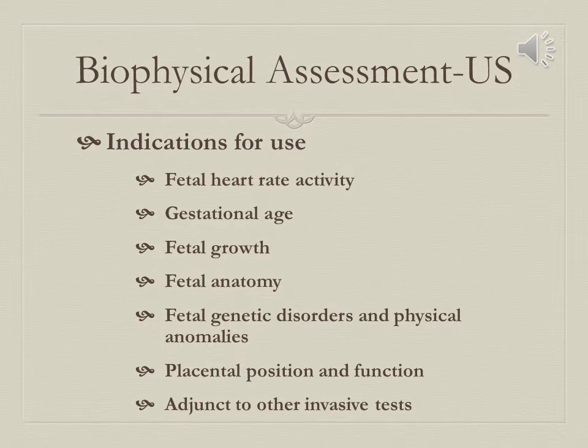If you are trying to confirm a due date and you're using your last menstrual period to determine it, you want to say, okay, is this right or not? Well, you can get an ultrasound and look at any correlation. If the due date that is set by the ultrasound falls within 7 days of the due date determined by her last menstrual period, you will always go with the last menstrual period for a due date.